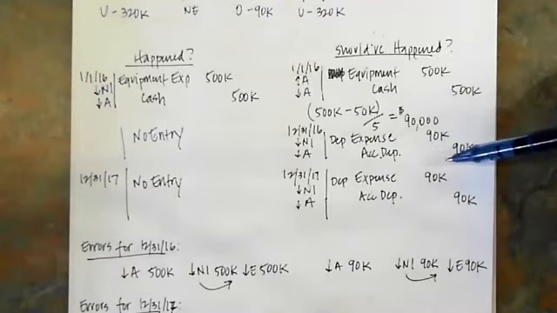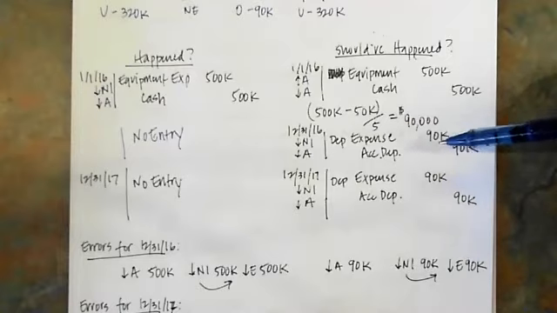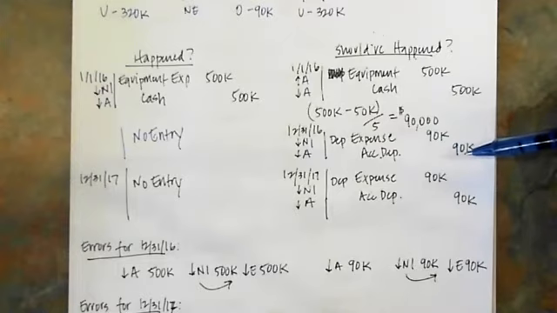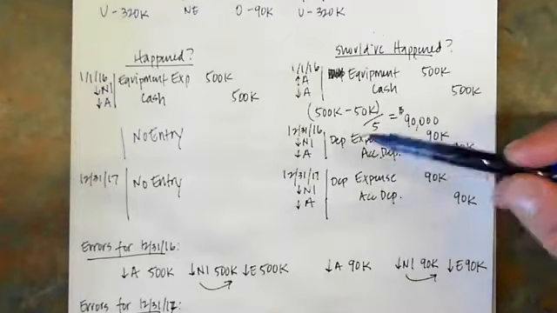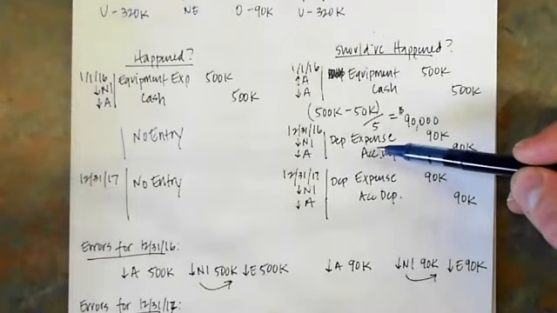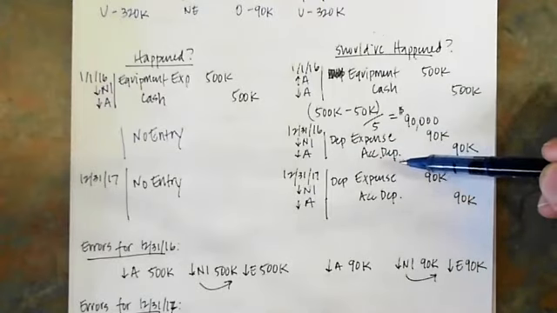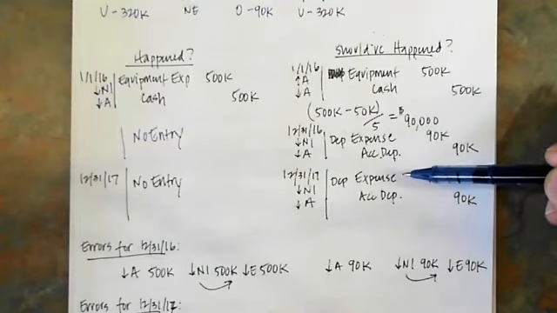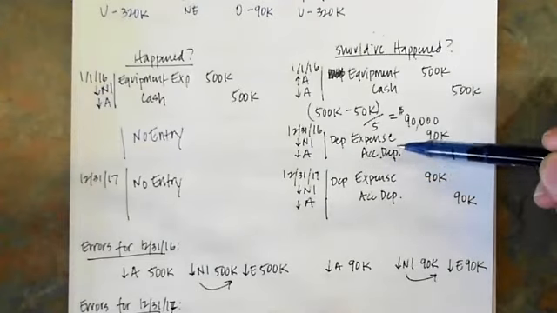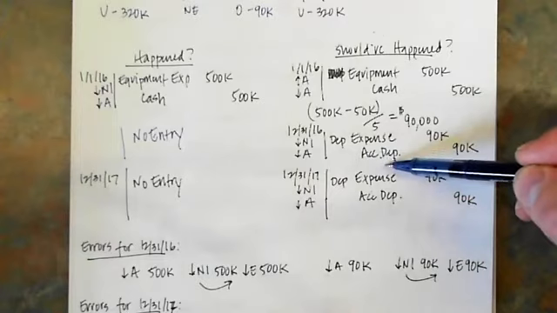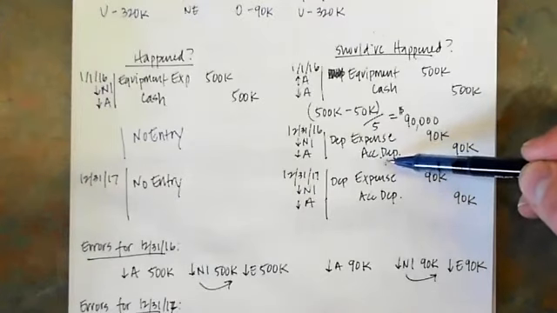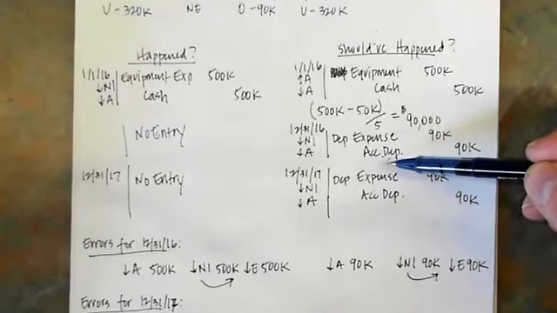I then adjust the depreciation expense by 90,000 and accumulated depreciation by 90,000, a decrease in net income. And since we are increasing accumulated depreciation, we're increasing a contra asset, and that reduces my assets overall. Make sure you understand we're increasing a contra asset. This is not a liability, and that decreases my assets overall.